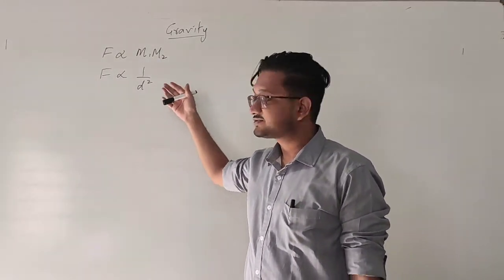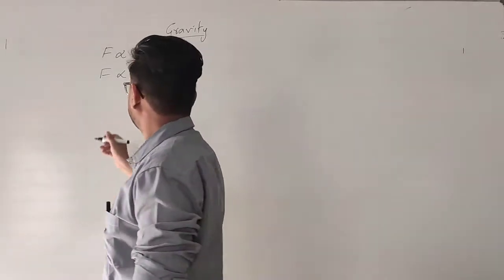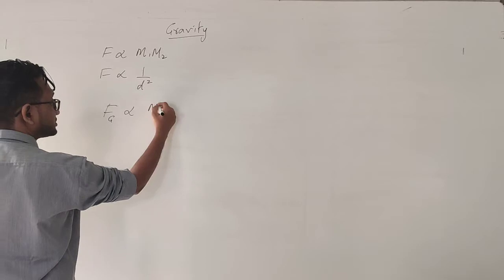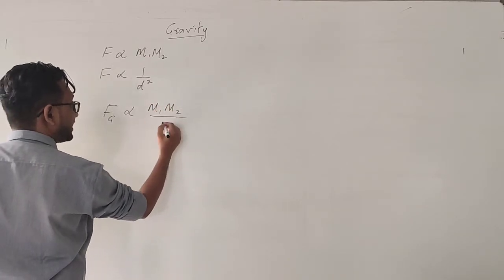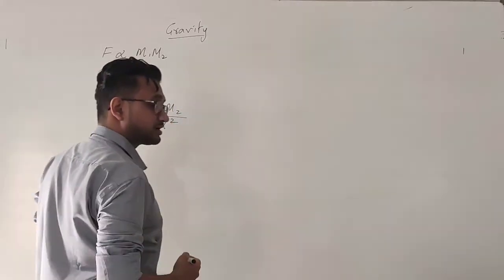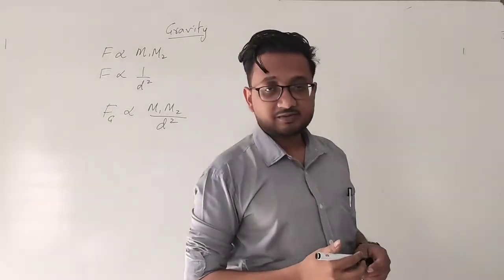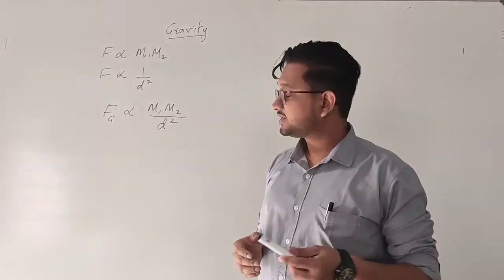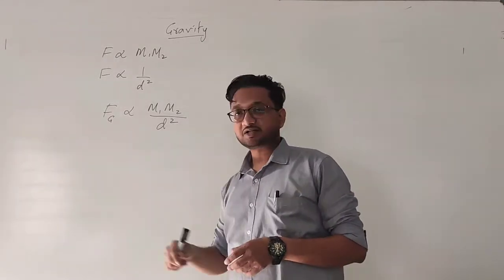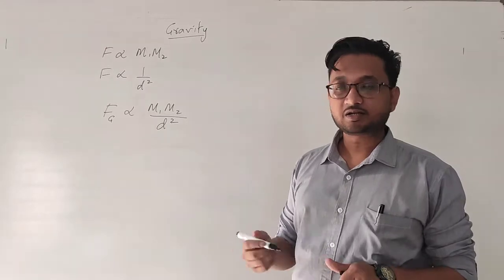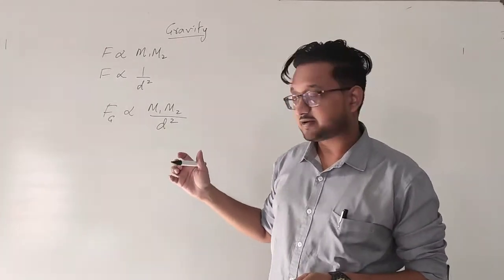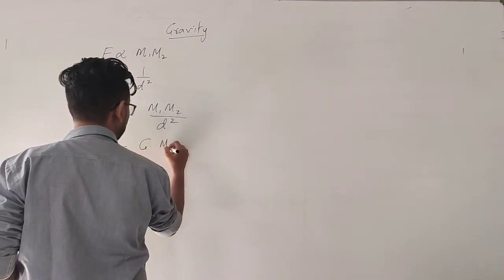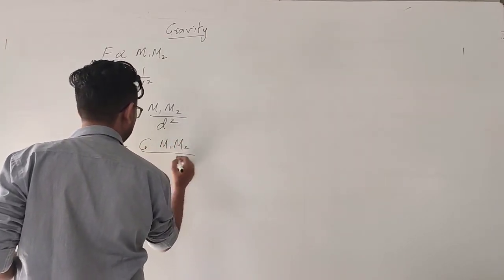Now what we do is we combine these two, and therefore ultimately what we get is that the gravitational force is directly proportional to the product of masses and inversely proportional to the square of distance between them. Okay. Now as we know, whenever we remove this proportionality sign, there is a constant which balances the equation, and for this we have the gravitational constant, or universal gravitational constant.